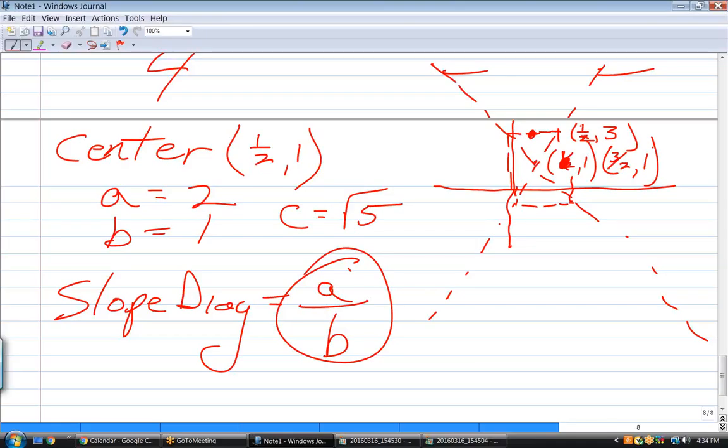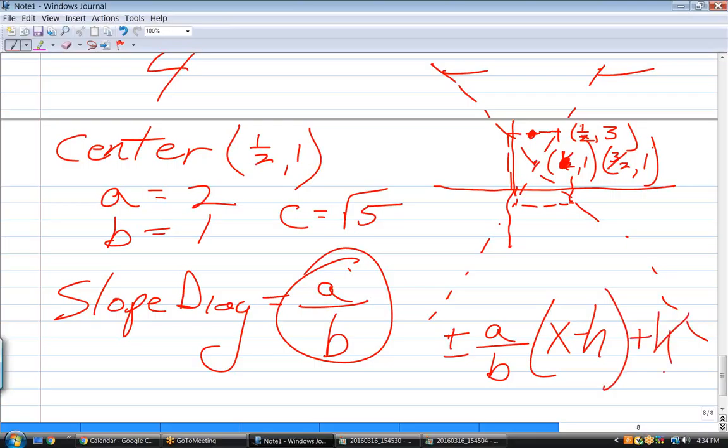You look it up. I think I may actually have it right here. Yeah, what is it? Is it plus or minus A over B, and then parentheses X minus H, plus K? Yeah, that sounds right. And it's Y equals that? Yeah. Okay.